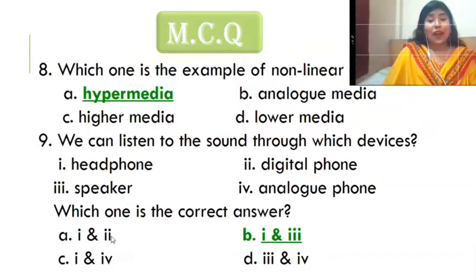A, 1 and 2, that is headphone and digital phone. B, headphone or the speaker. C, headphone or the analog phone. D, speaker or the analog phone. My dear student, the correct answer will be headphone and the speaker.